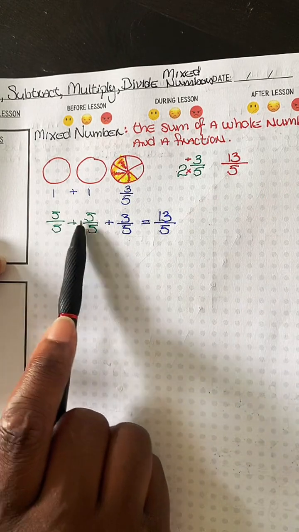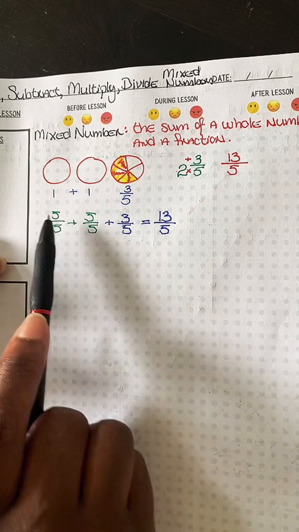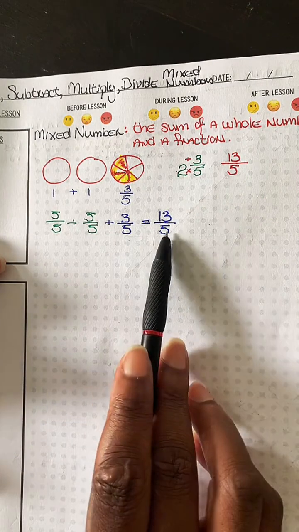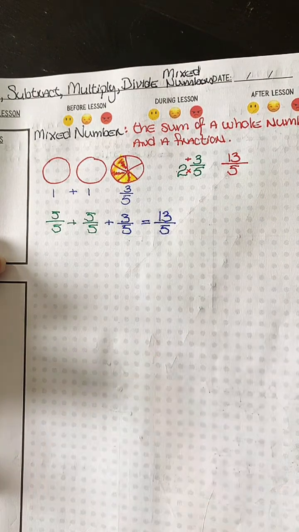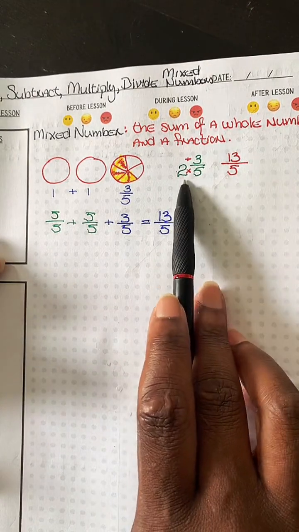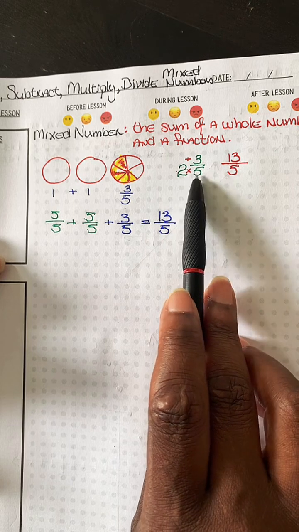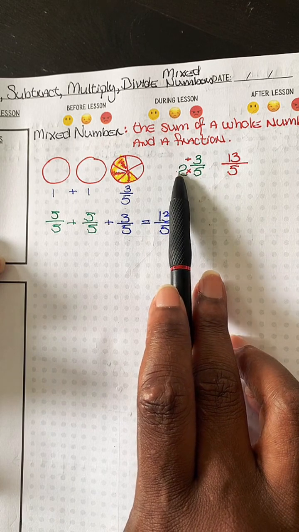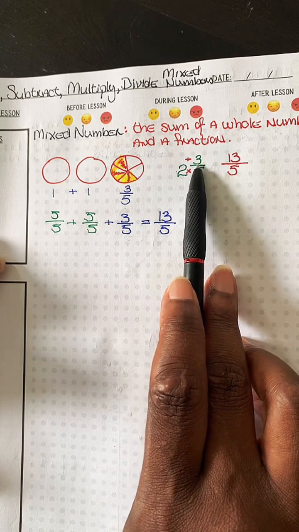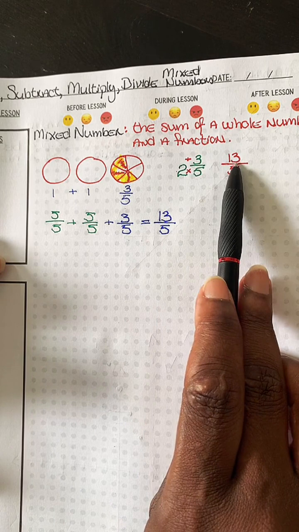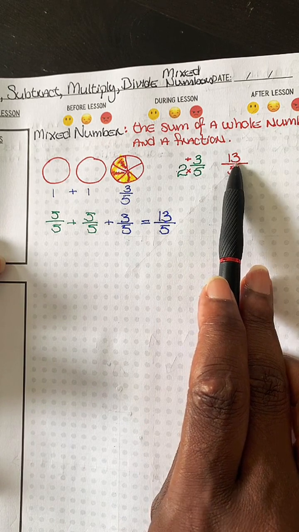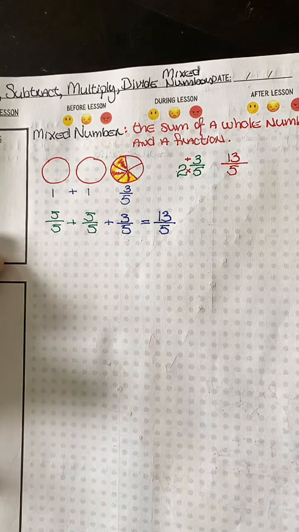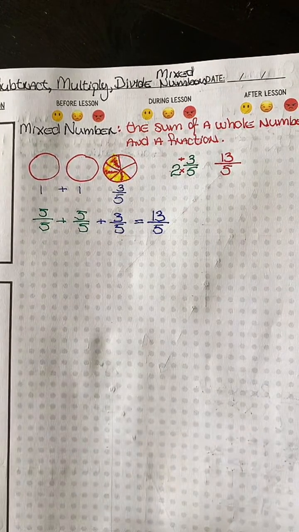Then you're going to have your common denominator, and then you add your numerators, and you keep it under the same denominator. So if they give it to you as a mixed number, you take the denominator, multiply by the whole number, take that answer, add to the numerator to write as your new numerator, and you keep the denominator the same. Okay? All right.